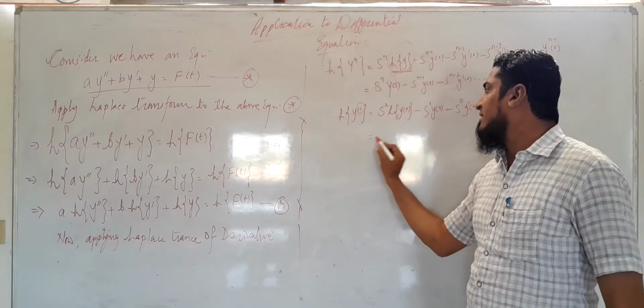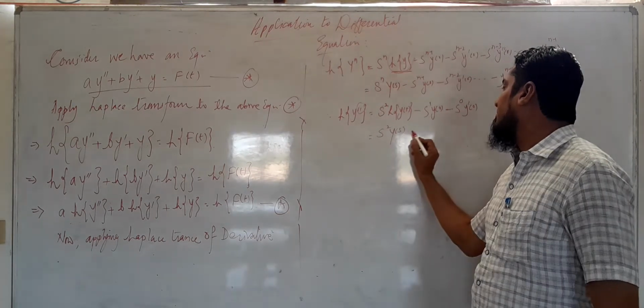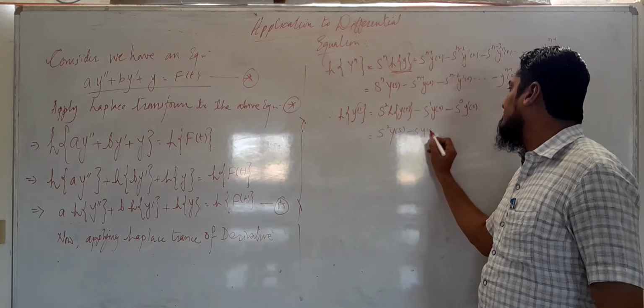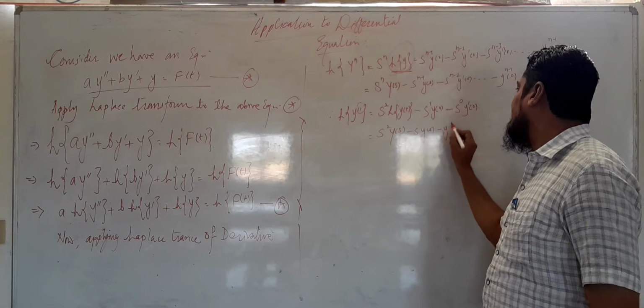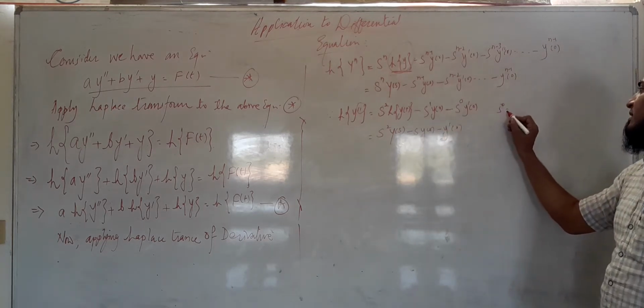Correct? And we can write it as s square y of s minus s y of 0 minus y dash of 0. See, s raised to 0 becomes 1.